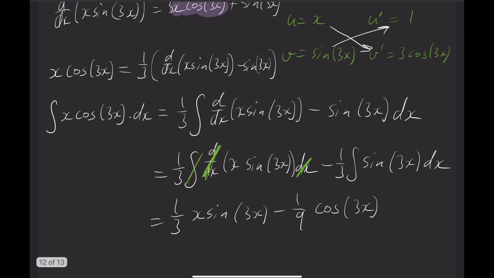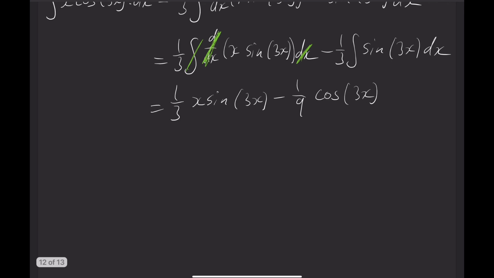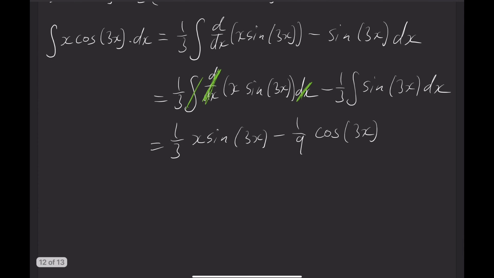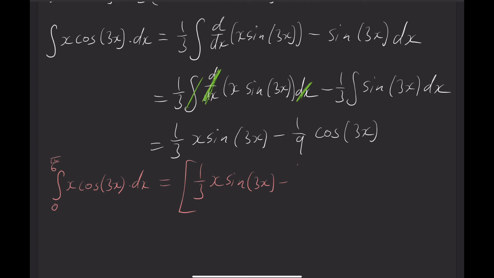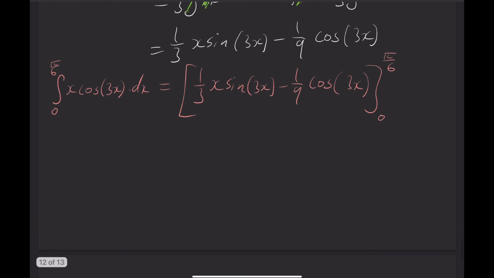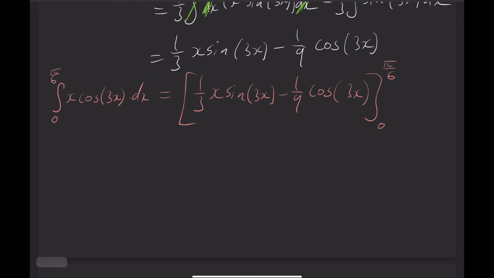our definite integral calculation. So what this means after all the lifting that we've done, we know that the definite integral from 0 to pi on 6 of x cos 3x dx is x sine 3x minus 1 on 9 cos 3x evaluated from 0 to pi on 6. So this we can do pretty nicely and pretty quickly.